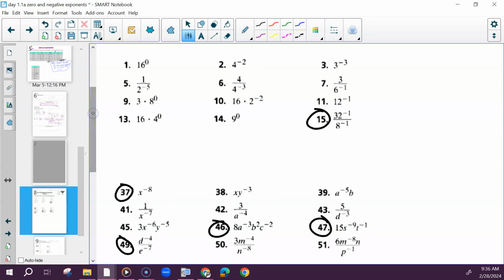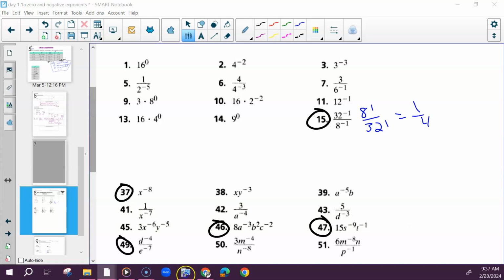So starting with 15. For 15, both of these have a negative exponent, so you're going to switch the placement of both. If you put the exponent, that's fine. You don't need it. And then you're going to simplify. So this would be 1/4.